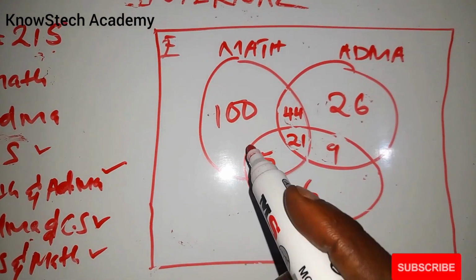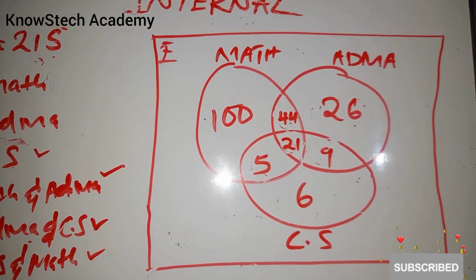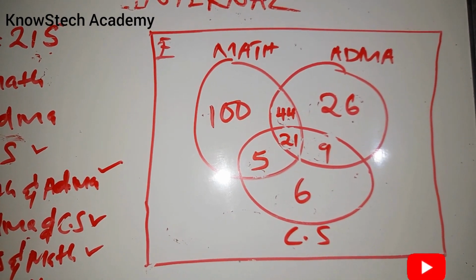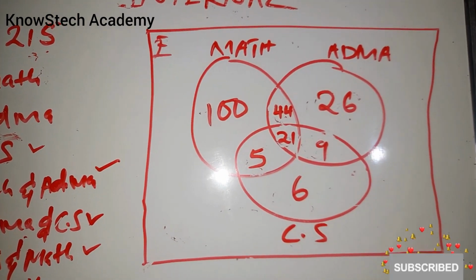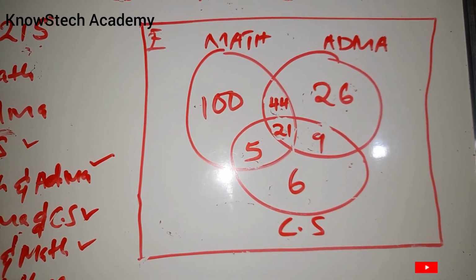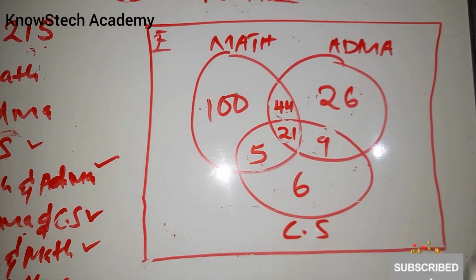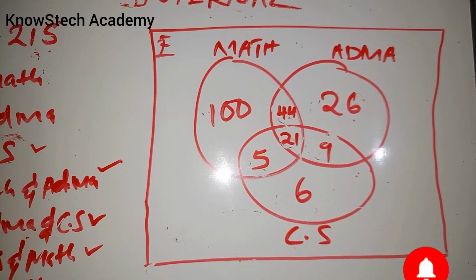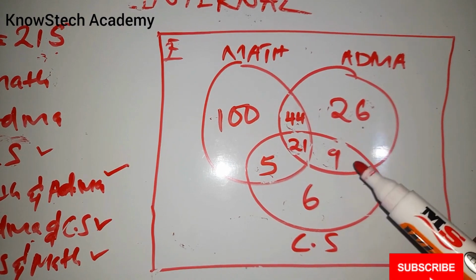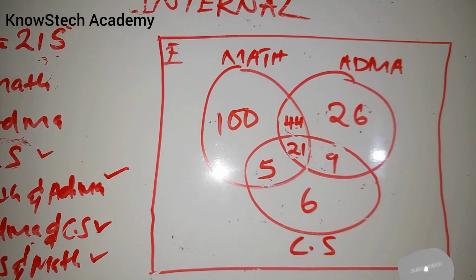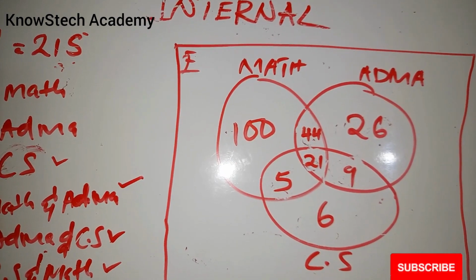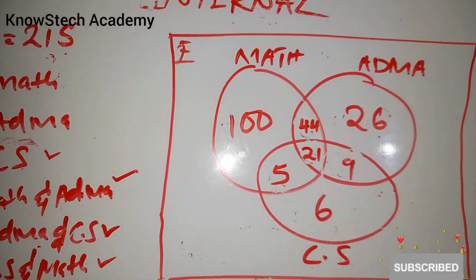So let's add. This is 170. Okay, 170 plus 26 plus 9 plus 6. Okay, so 170 plus 26 plus 9 plus 6 is giving me 211. 211 when you add.